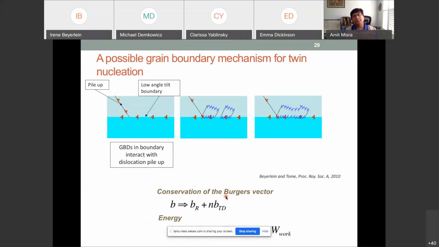So the idea became, well, you need a lot of stress, but in order to form a large number of twinning partials, you also need large dislocations with large Burgers vectors. One idea was that grain boundaries tend to be defective.